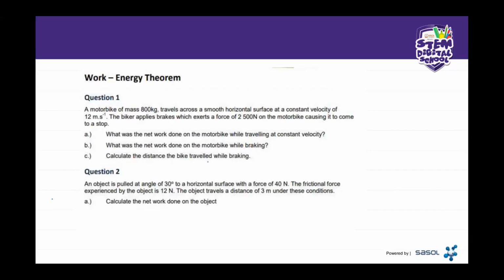Okay, so moving on to the next one. Now we're going to be doing a short revision on the work energy theorem. Remember the work energy theorem is a part where it deals with work, energy and power. It is term 2 work.